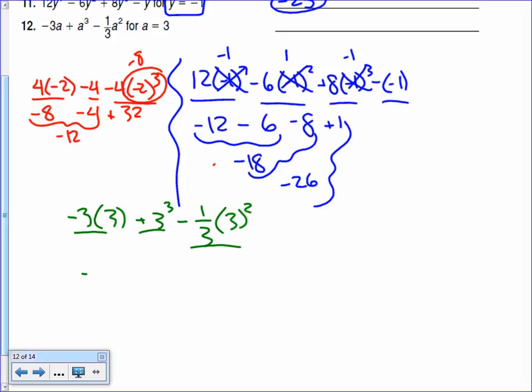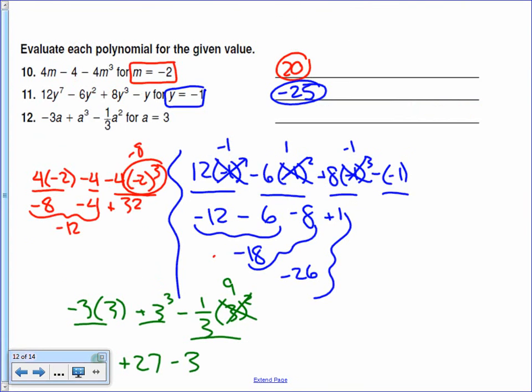So negative 3 times 3, negative 9. 3 to the third power will give me 27. And then this one, make sure to square this first, so that'll give me a 9. And what is 1/3 of 9? Well, that's just 3, so minus 3. So 27 minus 9 will give me 18, and 18 minus 3 should give me 15. So 15 for that one right there.